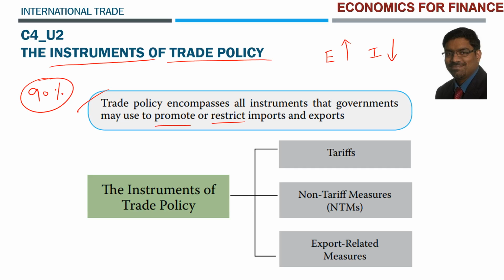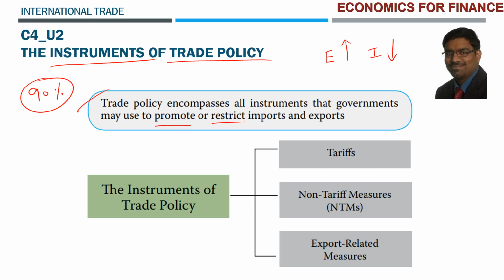But once again, those are all the efforts that governments always try to make. Through what type of instruments it will actually implement that policy, those are called the instruments of trade policy.